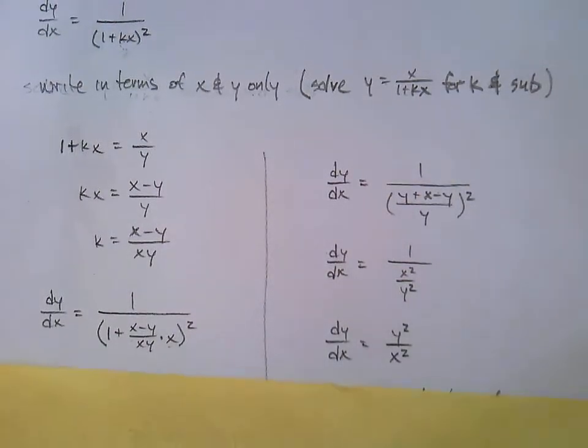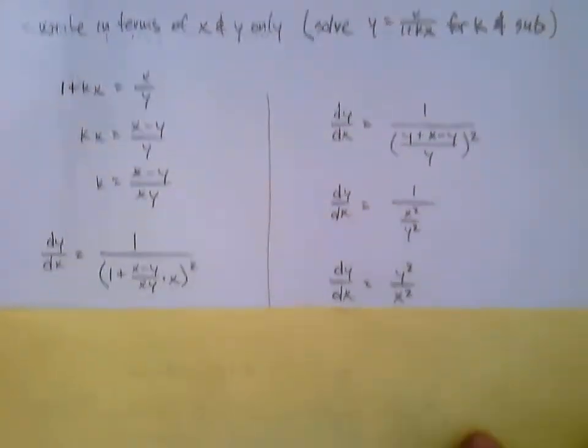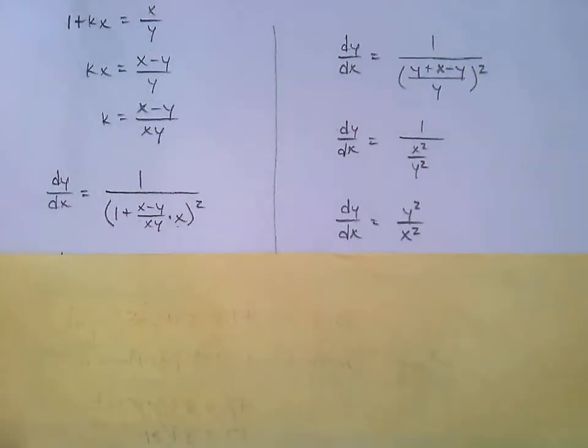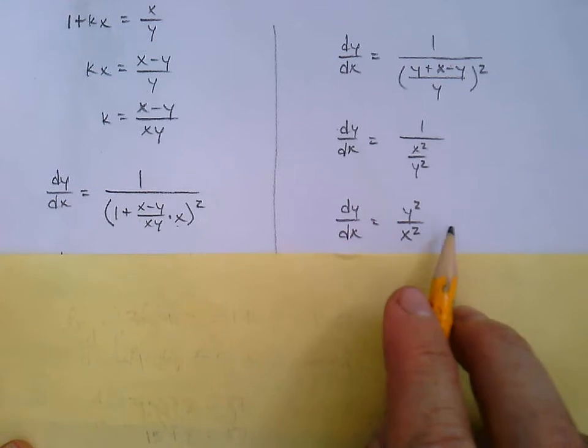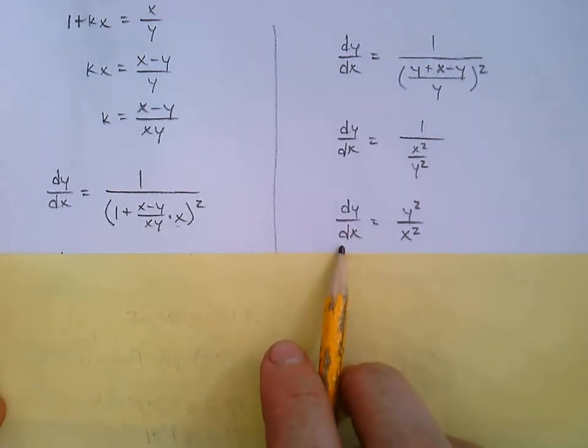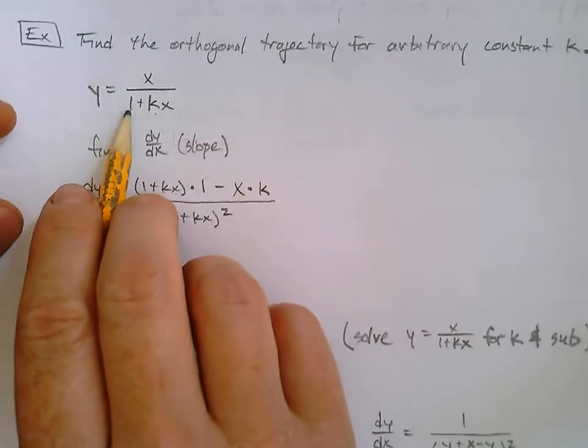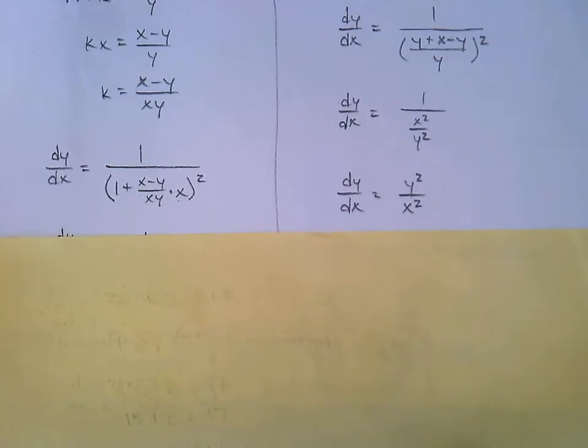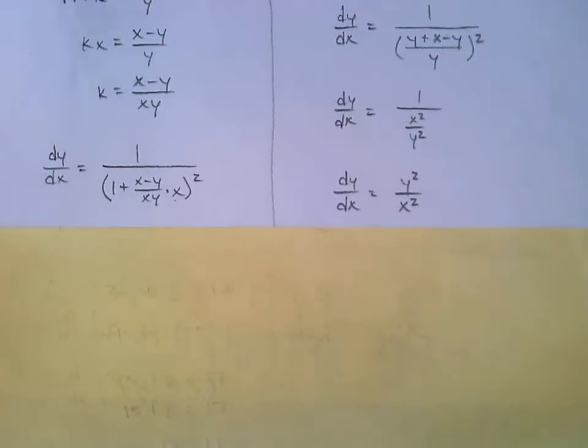And so we can stop right there. dy over dx equals y squared over x squared. So what is this? This is just the derivative of that original family, right? I mean, it's the derivative of this, just rewritten and manipulated down very simply.